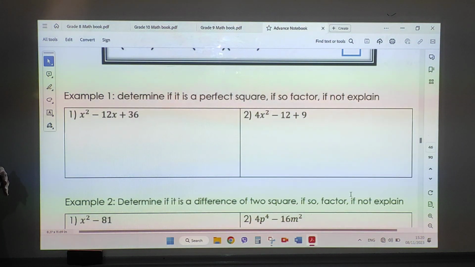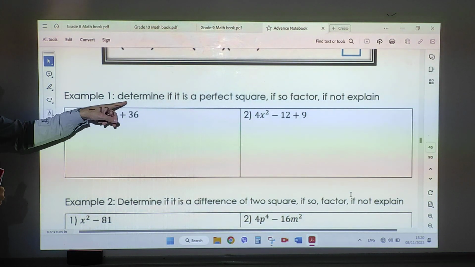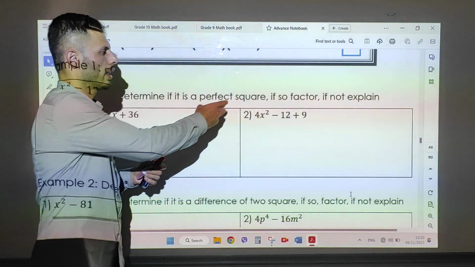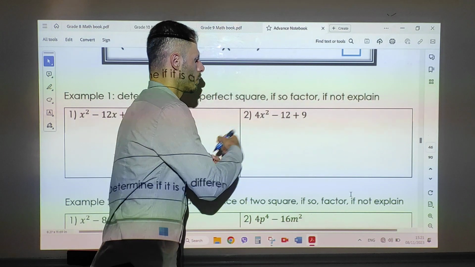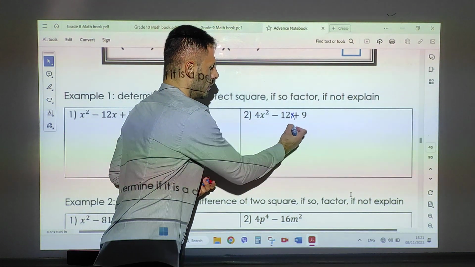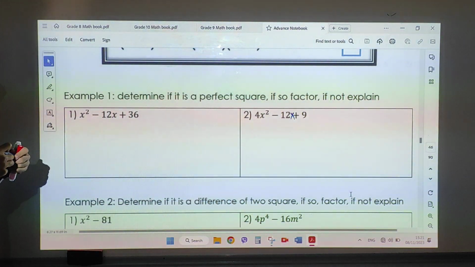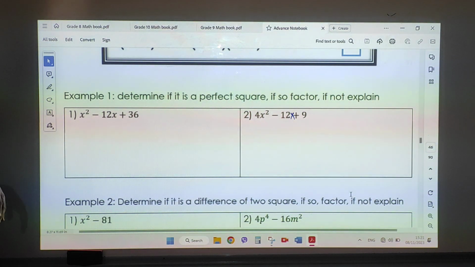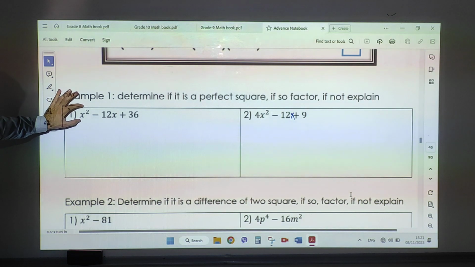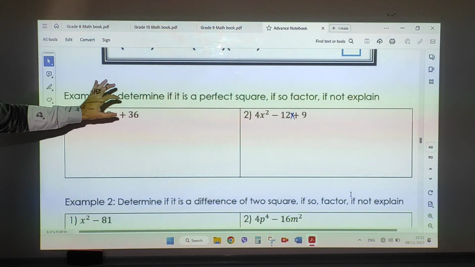The examples. For the first example, determine if it's a perfect square. If so, factor. If it's not, explain. The first one, x power 2 minus 12x plus 36. You think about, is it perfect?